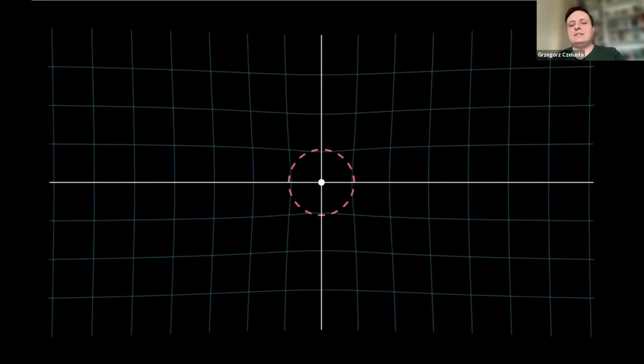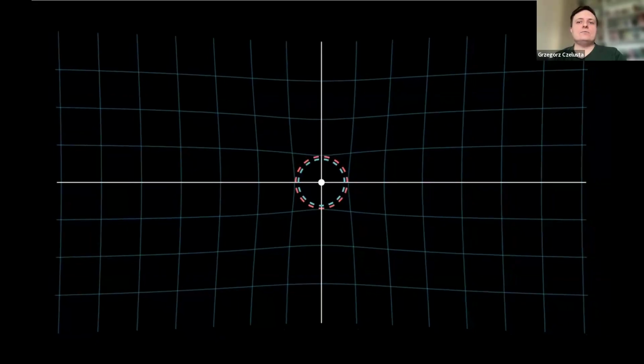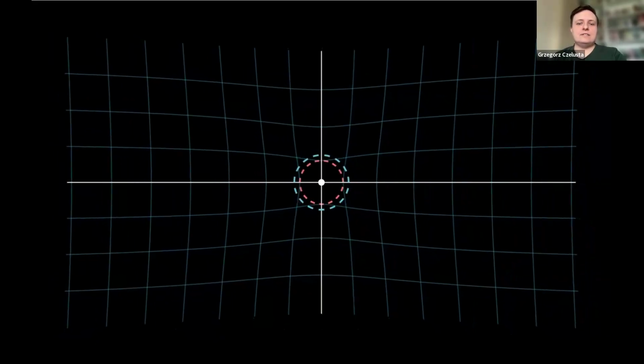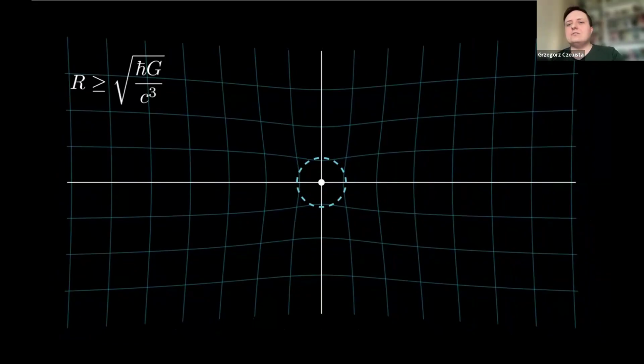As we know, energy or equivalently matter gravitates. It curves space-time. So as we zoom in farther and farther, the energy required to probe the region increases, and the curvature generated by that energy also increases. So eventually, the region we are trying to observe would be hidden behind the horizon of a newly formed black hole.